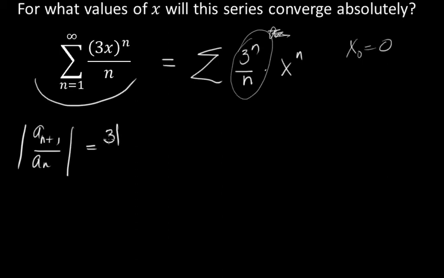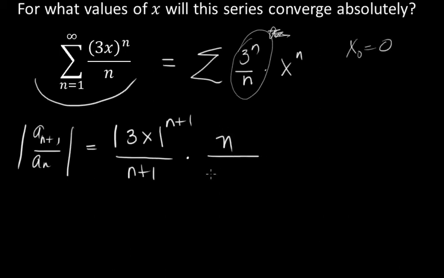I'm just going to do it the absolute value of 3x to the n plus 1 over n plus 1 times inverting and multiplying n over, and I only need the absolute value around the 3x to the n.